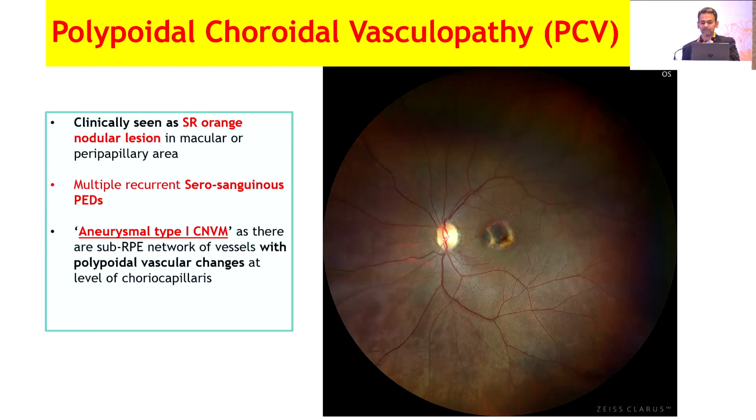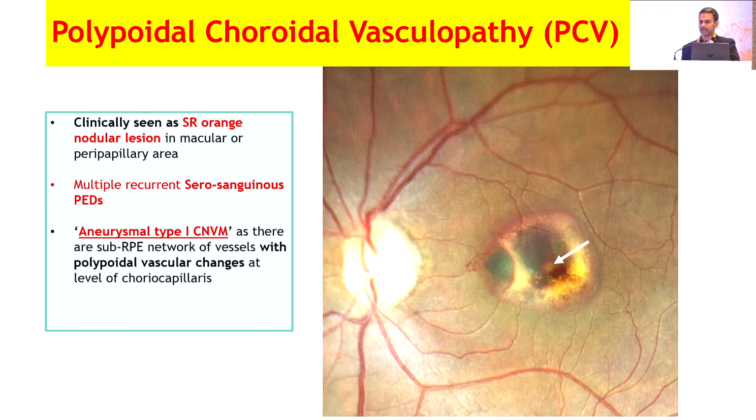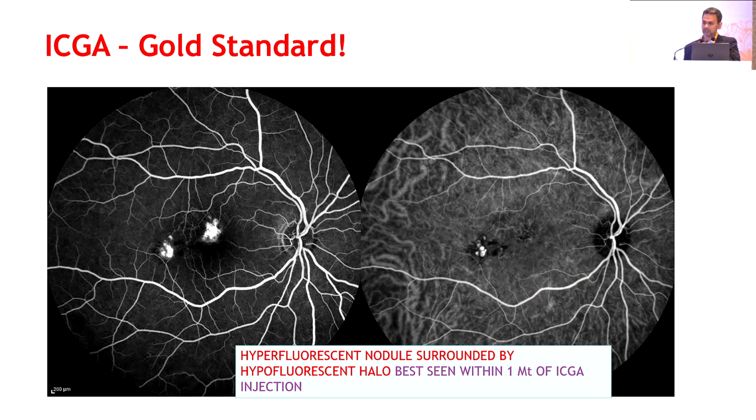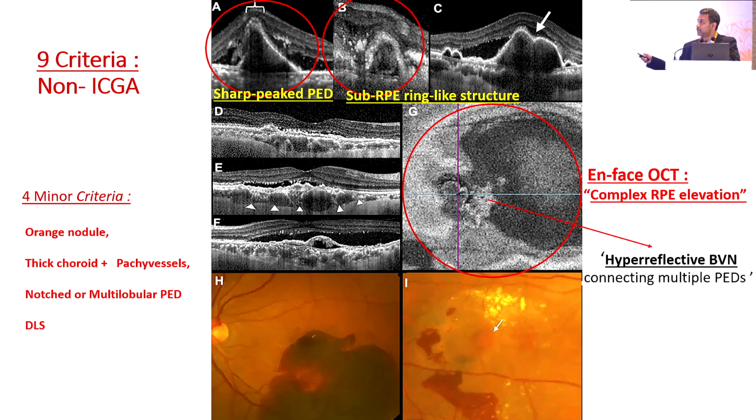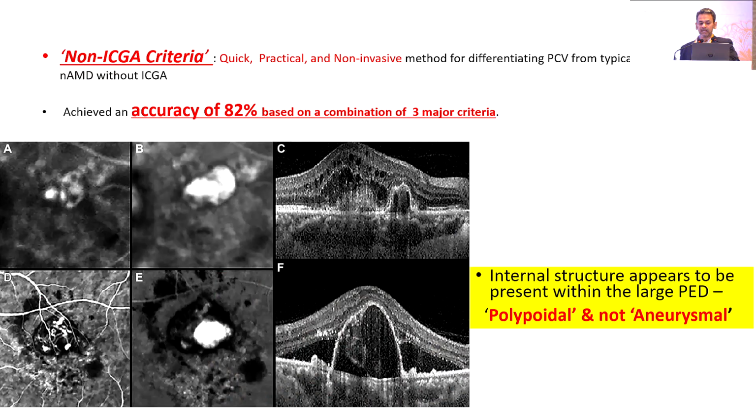So the last entity, PCV, is a serosanguinous maculopathy, also called aneurysmal type 1 neovascularization. ICG is still the gold standard for picking up the hypercyanescent nodular lesions, but now we are moving to non-invasive imaging, wherein three major criteria of the Asia Pacific guidelines, like sharp-peaked PEDs and sub-RPE ring-like structure, and en face OCT showing this complex RPE elevation, have almost 80 to 85% sensitivity compared to ICG angiography.